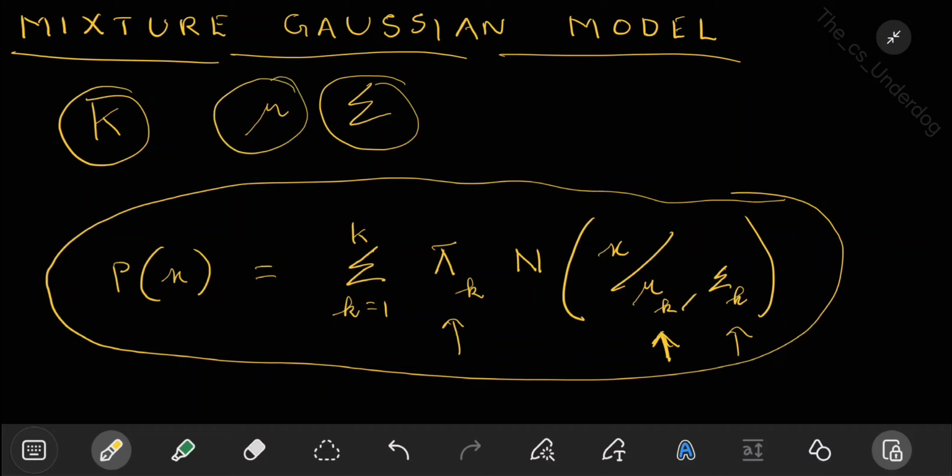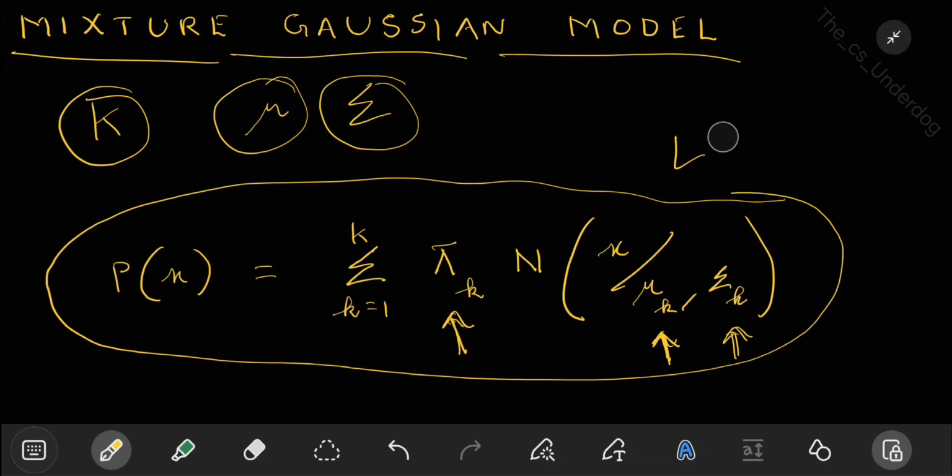Sigma is the covariance and mu is the mean. Considering mu k as the mean of the kth Gaussian, sigma k as its covariance matrix, and pi k as the coefficient, which tells you the weightage of this Gaussian in your total mixture, if these three values are adjusted perfectly, then any continuous density can be approximated using a mixed Gaussian model.